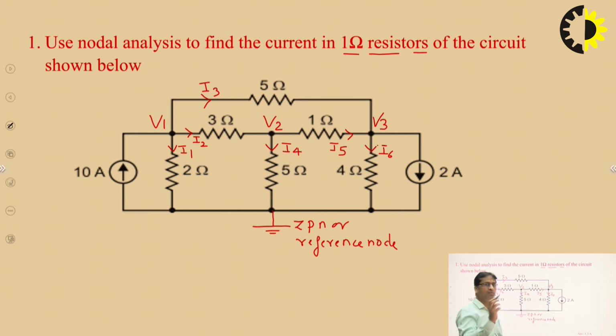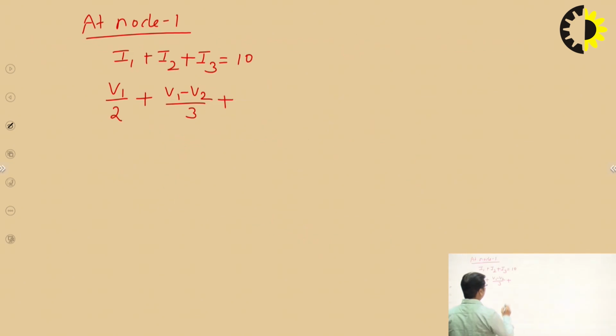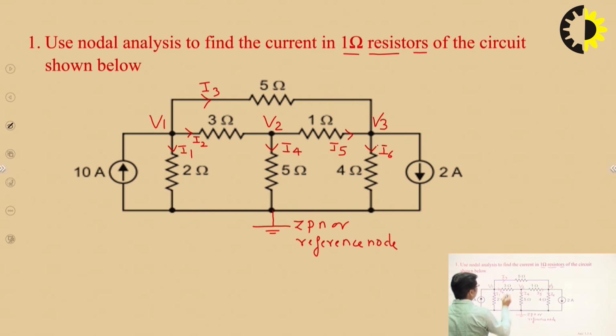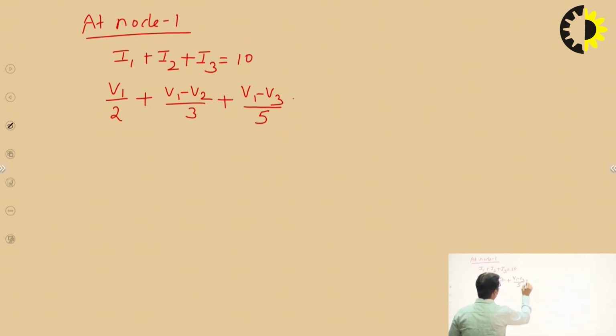The potentials are V1 and V3, so V1 minus V3 upon the resistance, that is 5 ohm, and this is equal to 10.